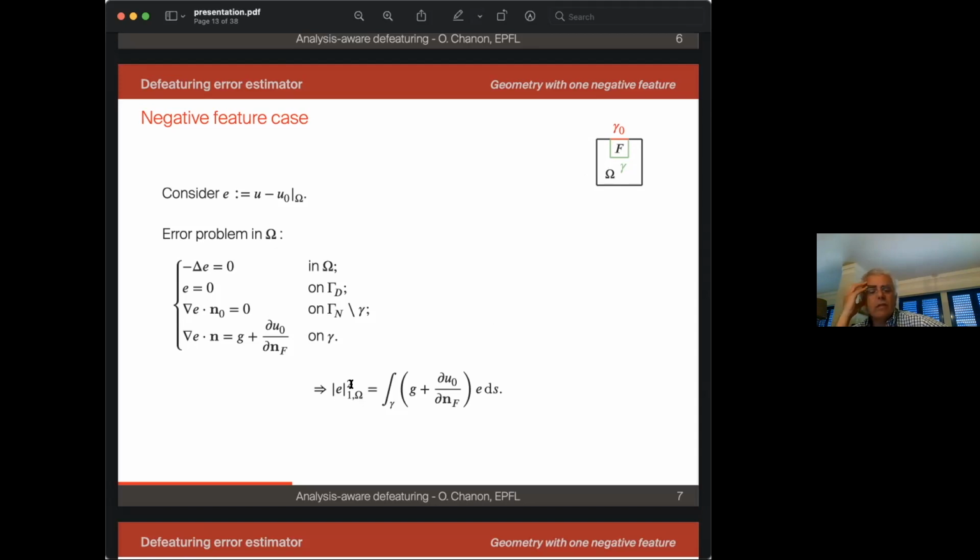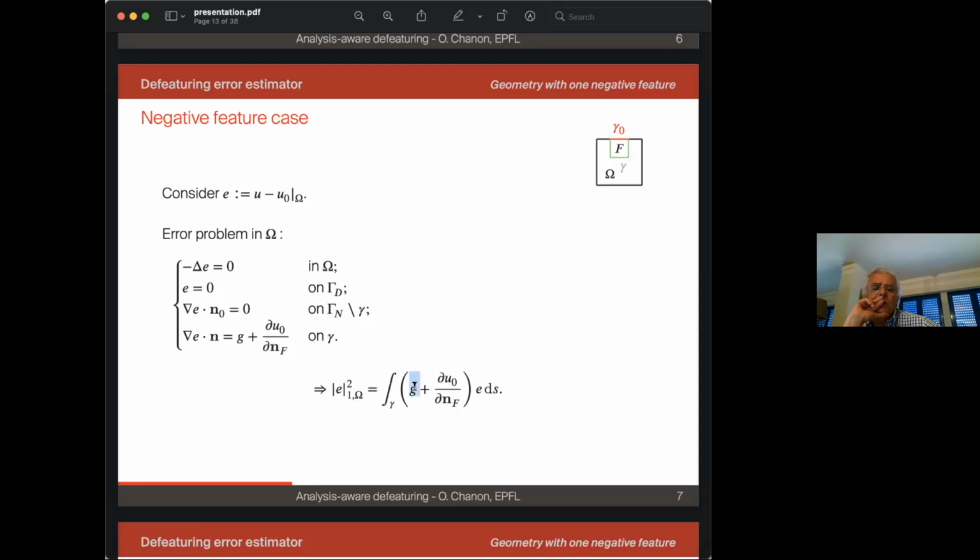And in this case, it's possible to rewrite the error in the H1 norm, so in the energy norm, simply as an integral on this piece of boundary. And then we will see that this is actually the term that interests us.